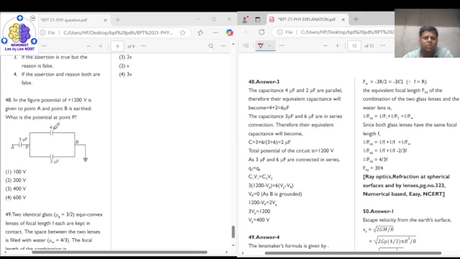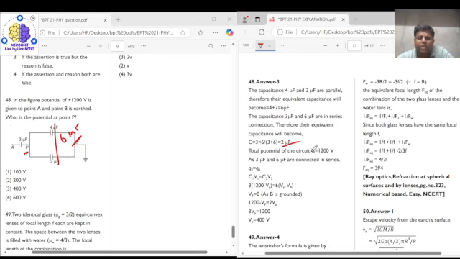So this 4 microfarad and 2 microfarad are in series. So they can be added and equivalent will be 6 microfarad. Now this 6 microfarad and this 3 microfarad are in series. So the potential will be distributed among them and their equivalent will be equal to 2 microfarad.